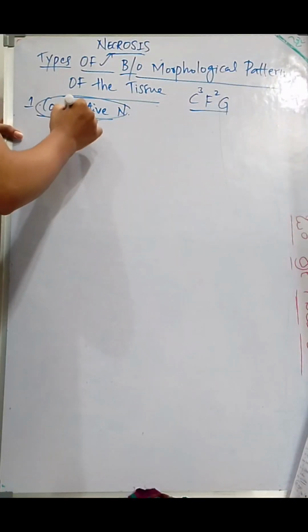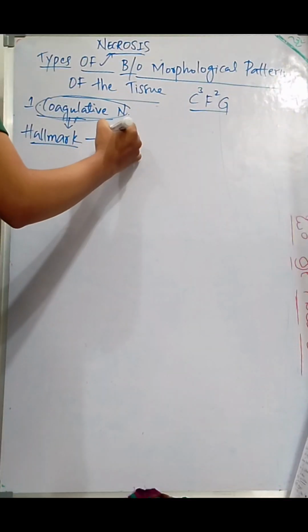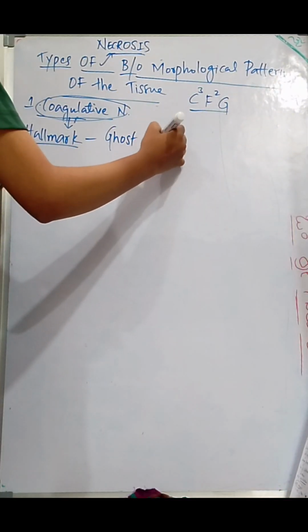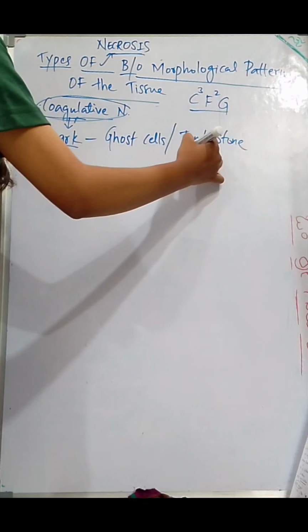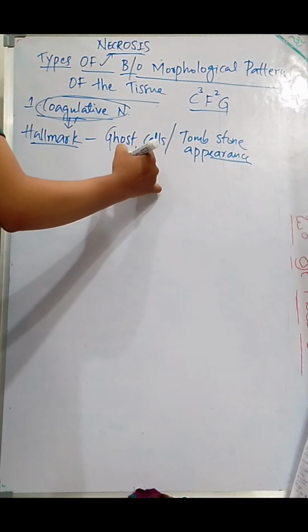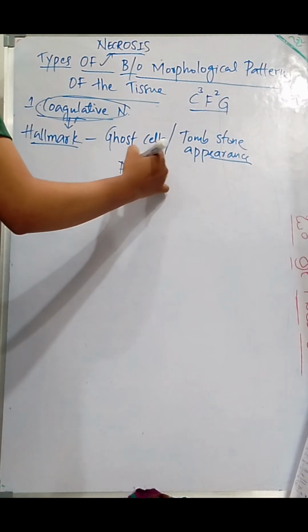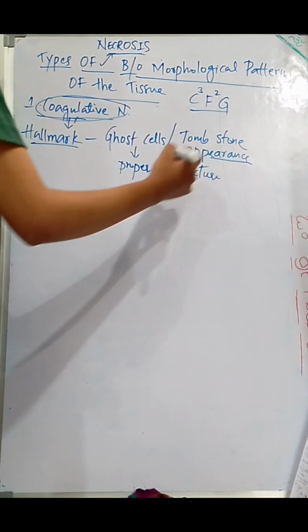So coagulative necrosis. The hallmark of this type of necrosis is the presence of ghost cells or tombstone appearance. The ghost cells have proper architecture maintained.